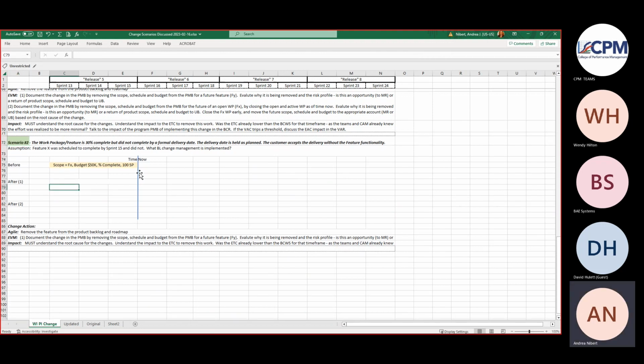So we were supposed to be 100% complete here, but we were not. And the customer accepts the delivery on this date without 100% of the functionality. So what do we do? Do we deem that work package as closed?